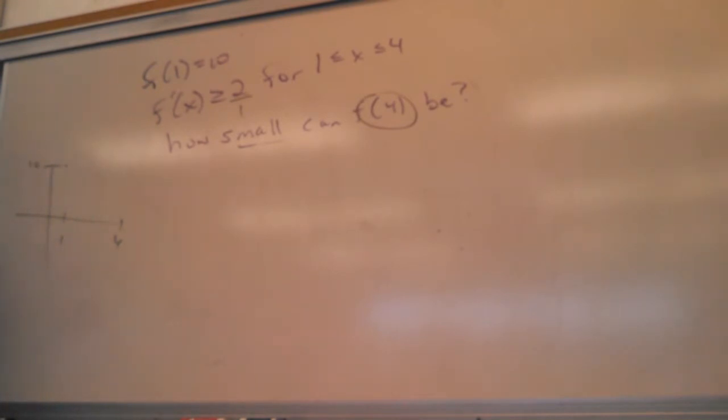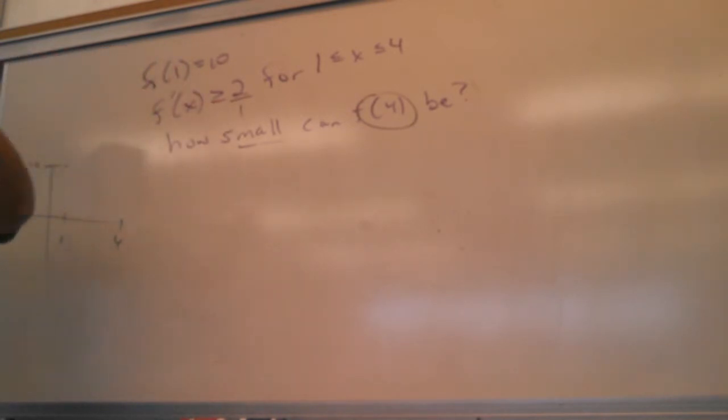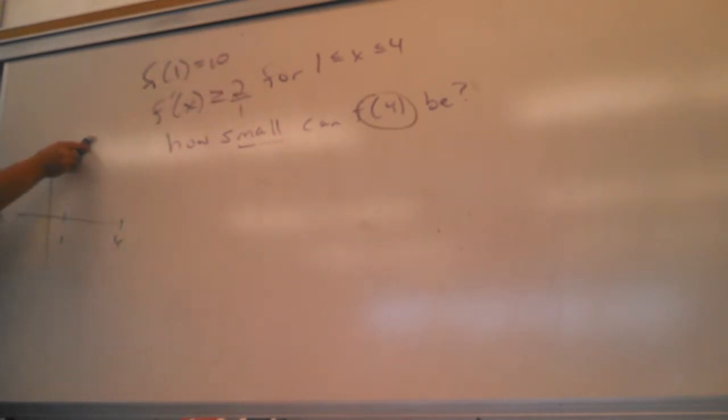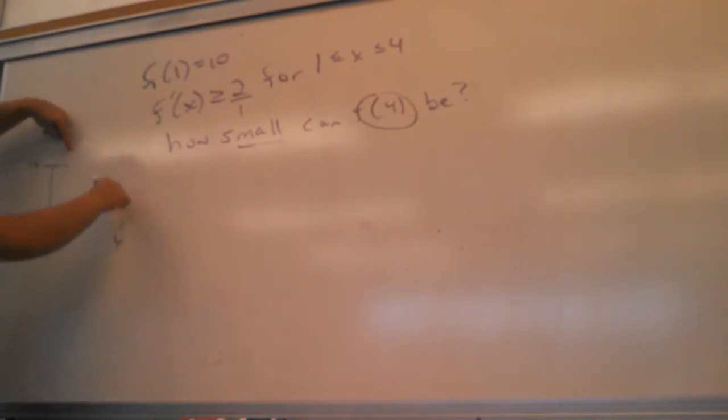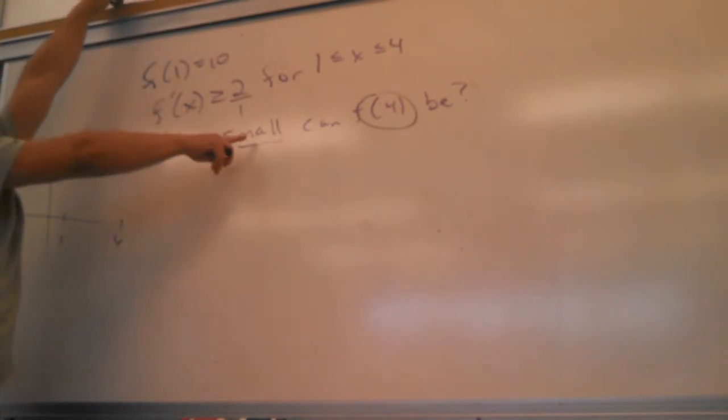Yes, ma'am? How do you know that the slope is 2? It told me it's at least 2. You with me? Now I'm investigating how that relates to this. If I want to make the output big at 4, then I want to rise very fast, don't I? Because then at 4, it's going to be a huge output. But the question says I want to make it small.